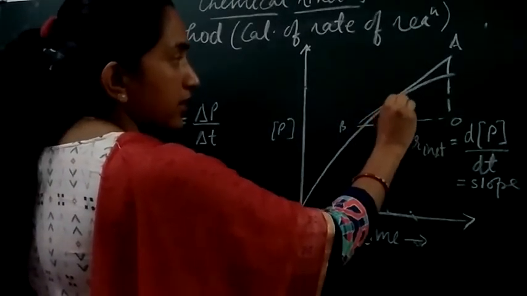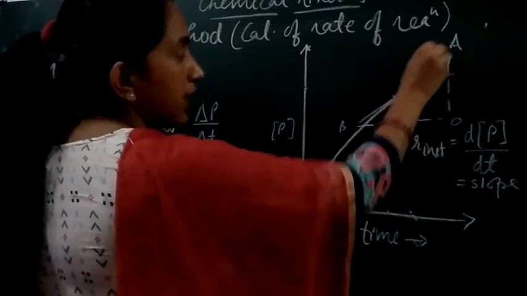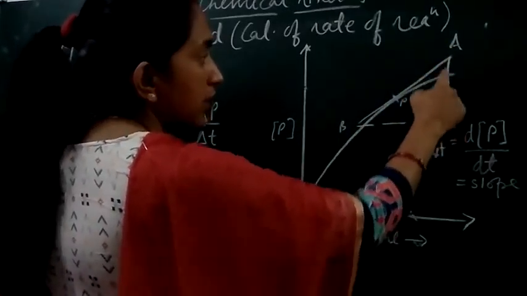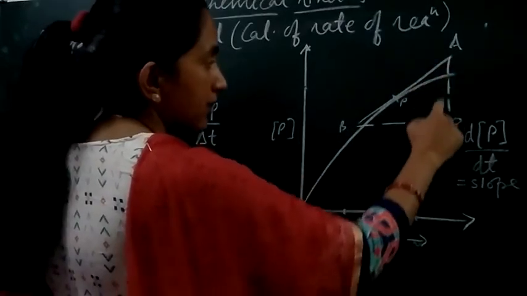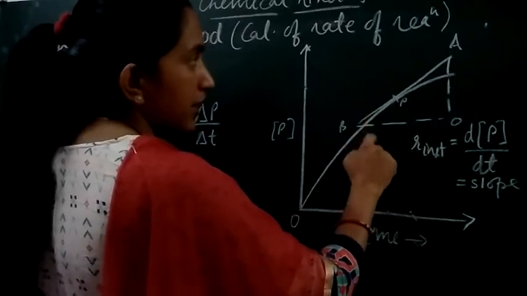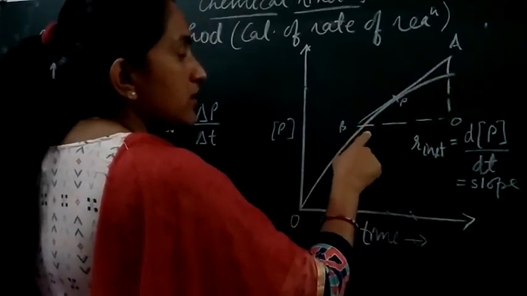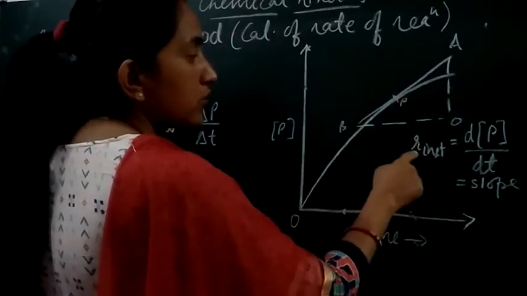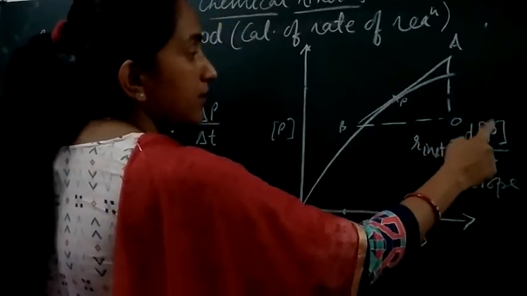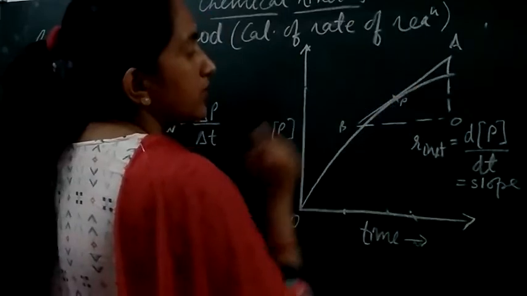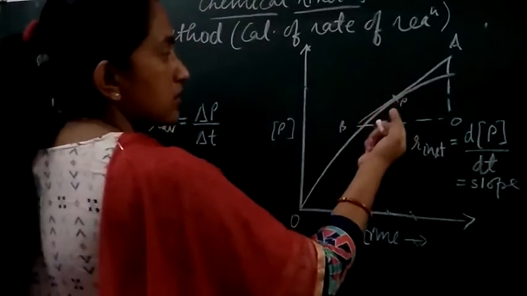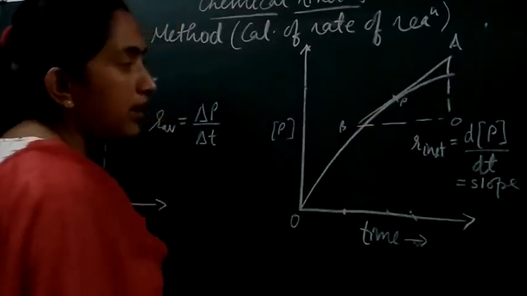Now this is this point, right? We draw the tangent to this point, and then we drop the lines so that a triangle is formed here, so we can find the slope of the tangent, right students? So the instantaneous rate, that is dP upon dt, will be the slope of this tangent, and the slope of the tangent is OA upon OB.